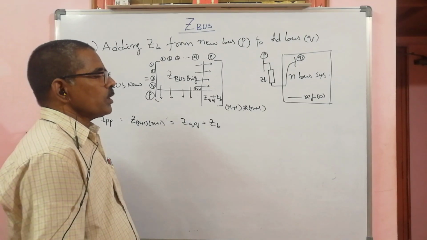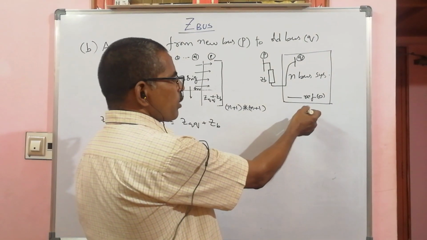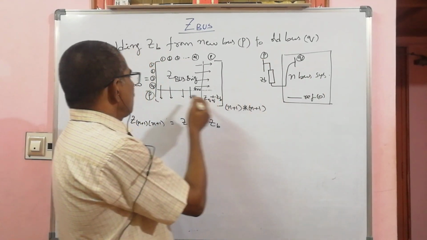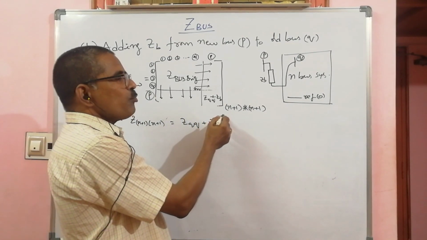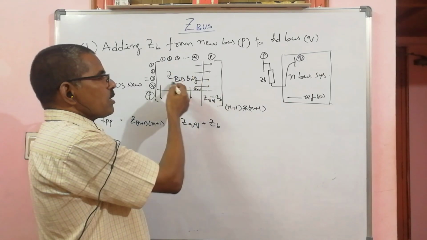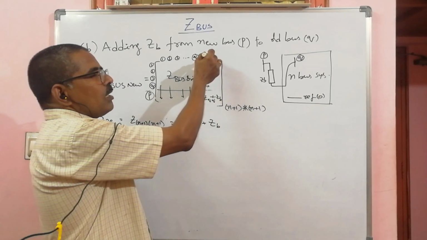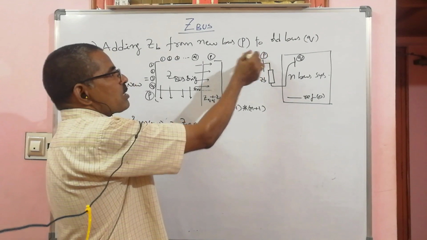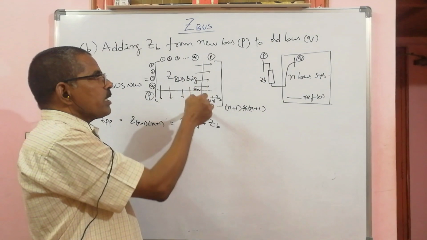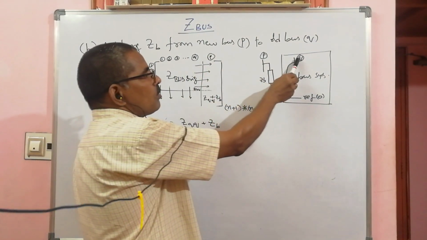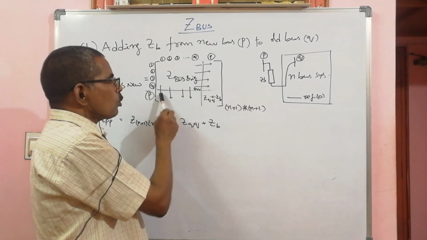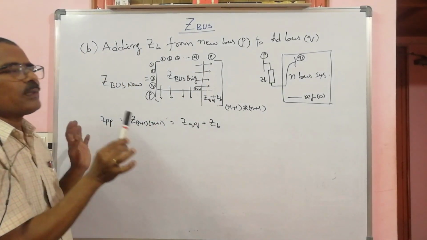So the procedure is, if it is for example a 4 by 4 existing system and you are adding a new bus, then Z bus new is going to be 5 by 5, n plus 1 by n plus 1. The original system you retain as it is, 4 by 4, and corresponding to the p bus you need to add a p row and a column. The entries correspond to where you are adding, that is q. That qth row and qth column entries you copy as it is.